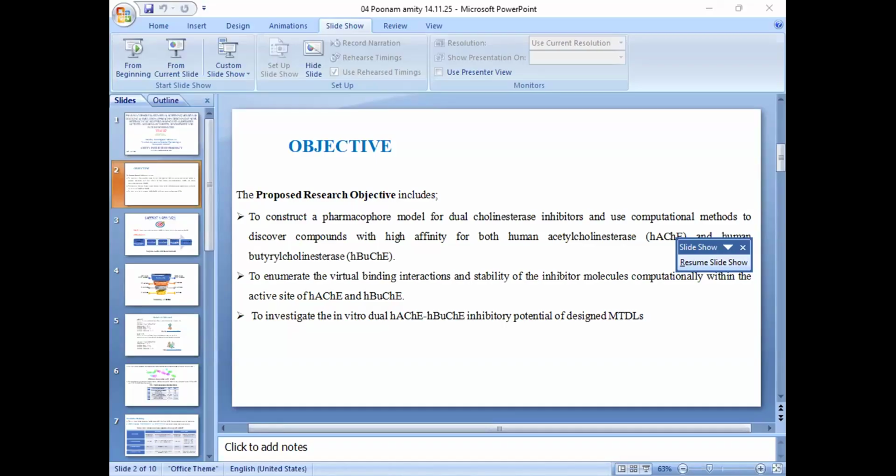So, I was talking about molecular docking. The binding energies were found for the zinc compounds, the 3 compounds which were chosen. For acetylcholinesterase, the binding energy was minus 98.546 for the molecule 2445.